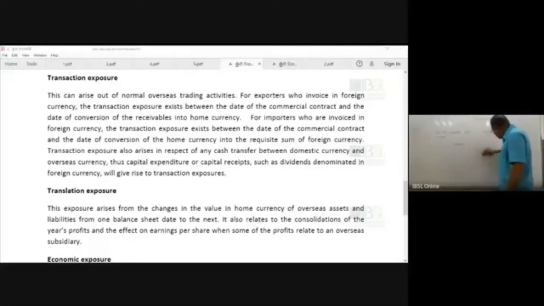According to value is slightly obsolete, but I will explain what it is. If the LC says it's a revolving LC, revolving according to value, remember, every LC has an expiry date, a validity date. In your specimen also, on the very top, it says date and place of expiry.